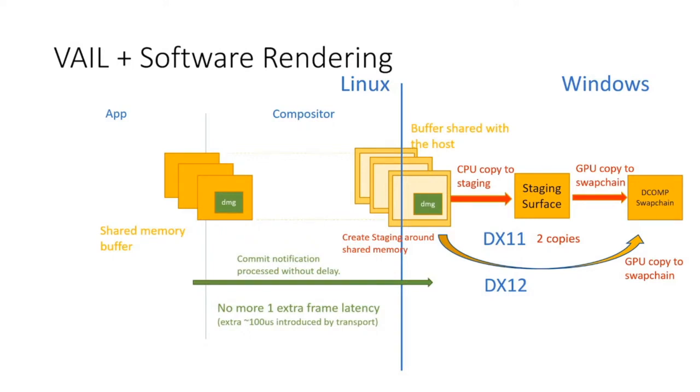So our support for GUI applications runs both on platforms that don't have a virtual GPU, where all the rendering is done in software, or on platforms that have a virtual GPU, in which case you're going to have accelerated GPU. In this case, this is software rendering. We end up with 1 extra copy compared to running the application locally, and it works pretty well.